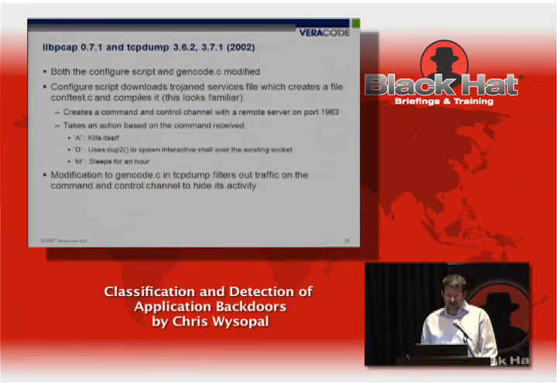But the interesting thing about this one was they modified tcpdump so that if you did tcpdump and were looking for what's going on port 1963, it would be hidden from the administrator. So this is sort of the inklings of rootkit-like behavior where your backdoor is modifying the program to hide its behavior from the system administrator.